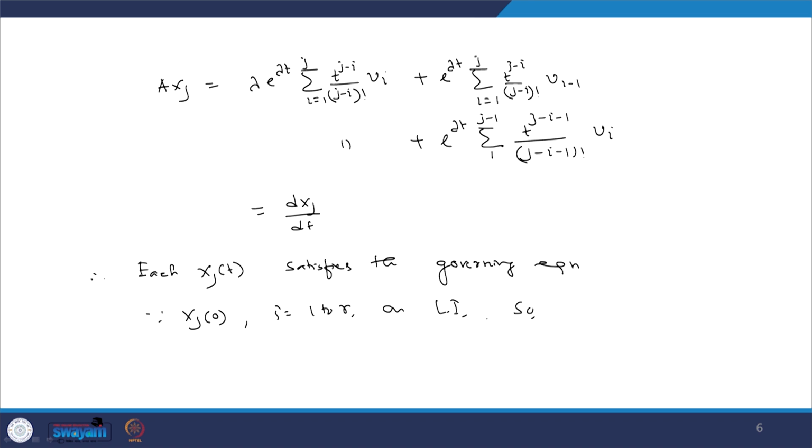So, each xj is also linearly independent. So, I have r linearly independent solutions of the system dx/dt equal to Ax, where we have a generalized eigenvector of rank r.